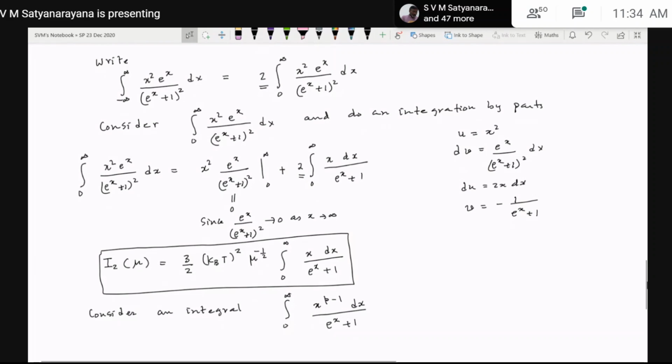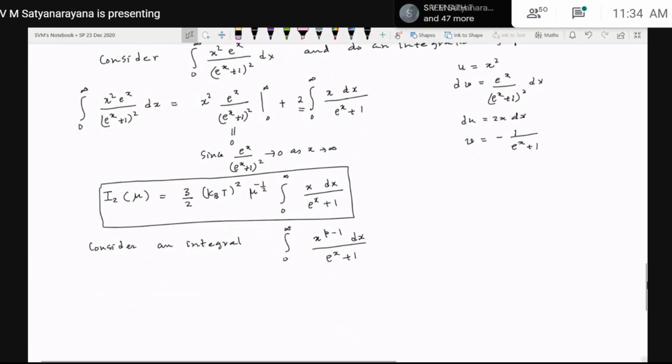Because even if you keep higher order terms, these kinds of terms are the ones which you are going to get. So let us try to evaluate this.